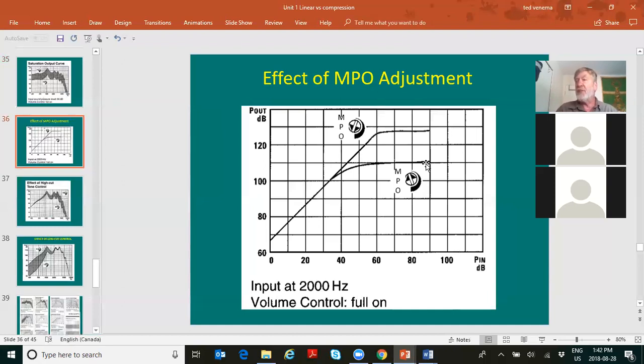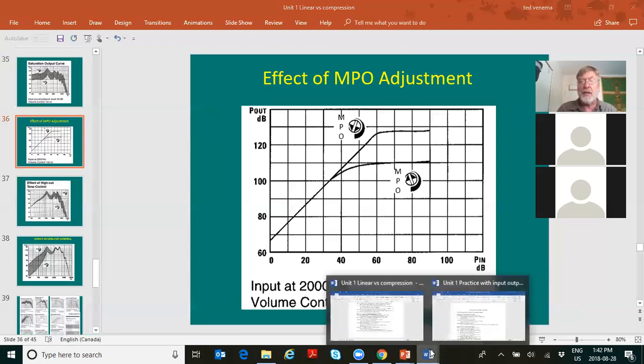So if the guy's UCL, or loudness discomfort level under headphones in a test booth, is around 100 dB HL, you should make your MPO around 115. It's just a general rule of thumb, something we may or may not have mentioned in prior Zoom sessions.